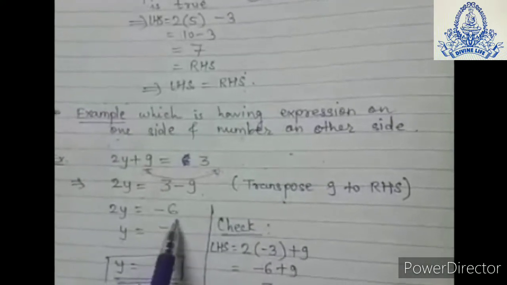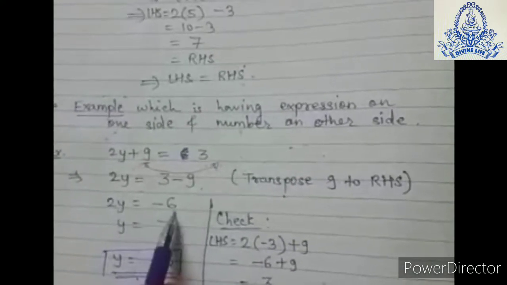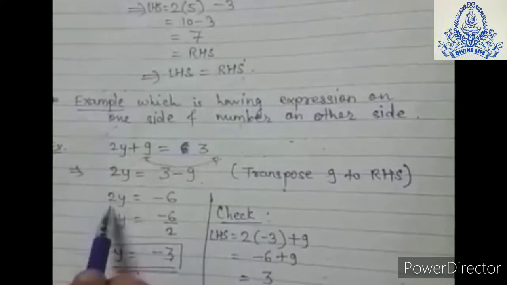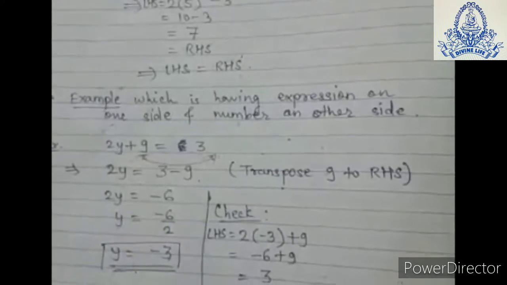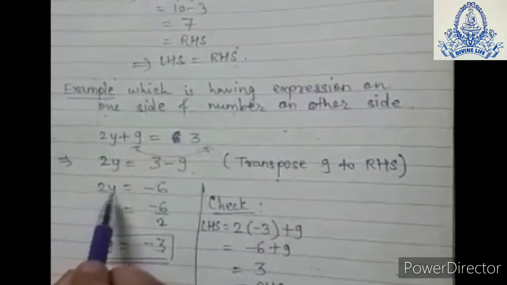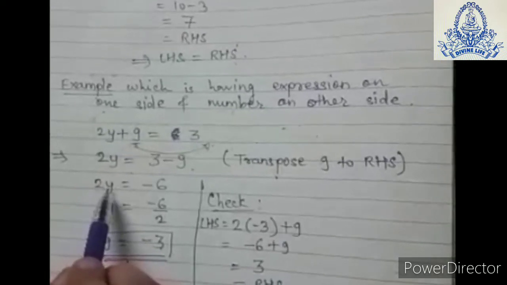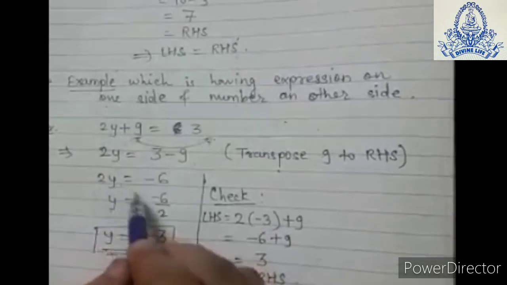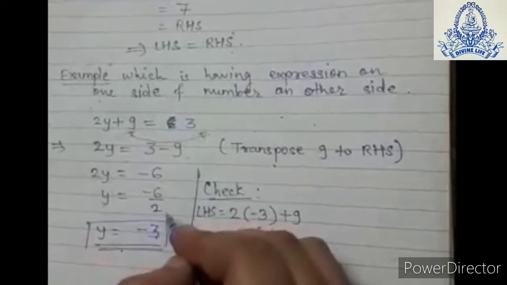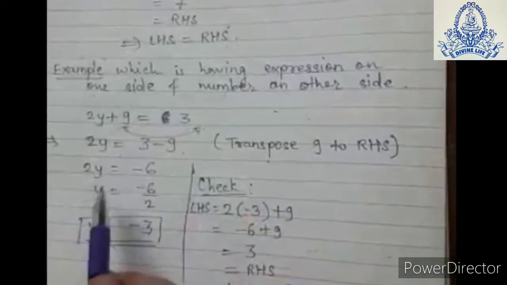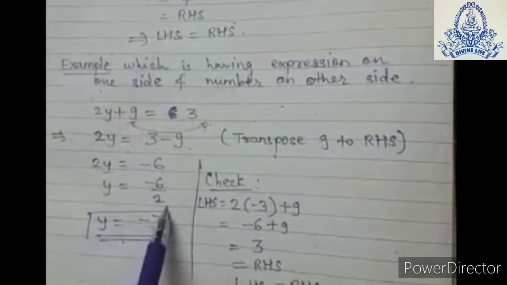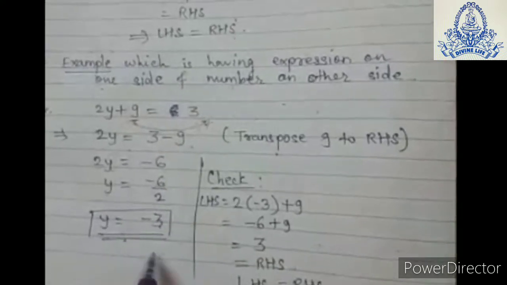Now 2y is equal to minus 6. Again we transpose this 2 to the right hand side. This 2 is multiplied with y, so while going to the right hand side it will be in division. So y is equal to minus 6 upon 2, that is, y is equal to minus 3.